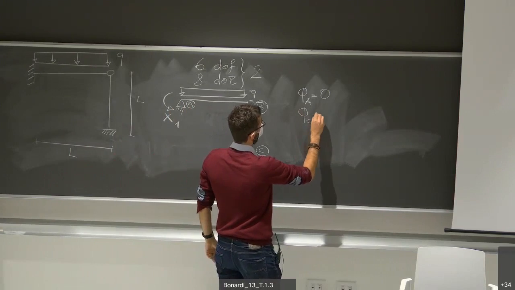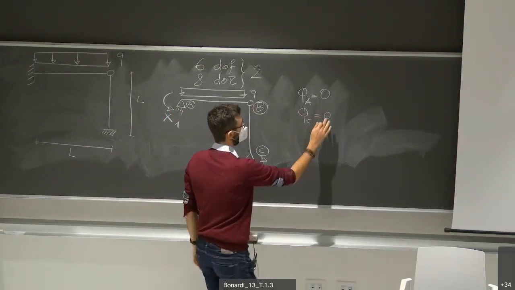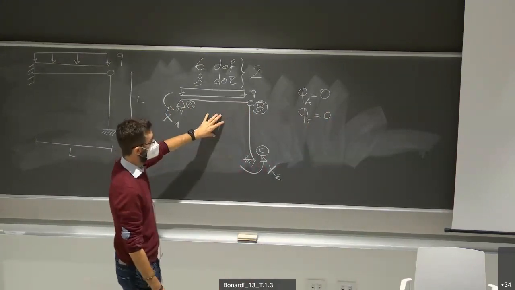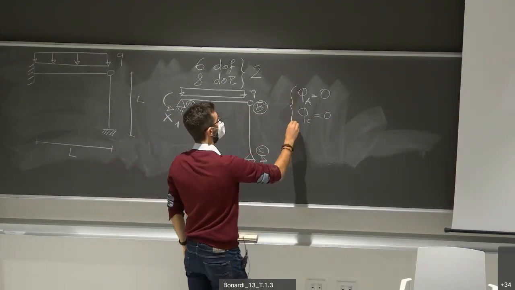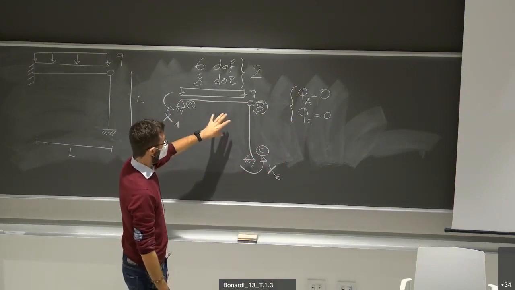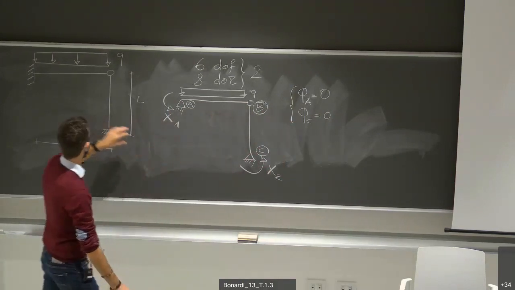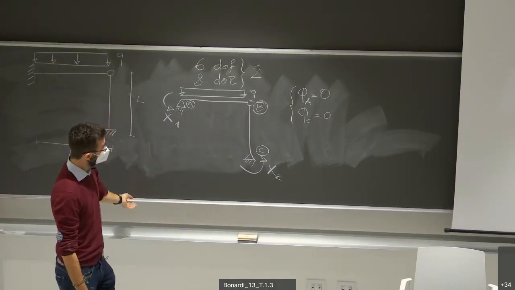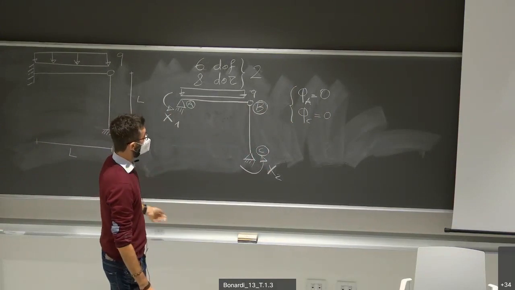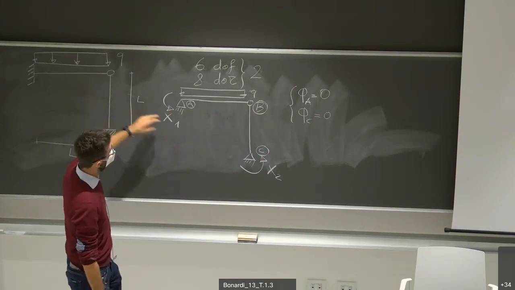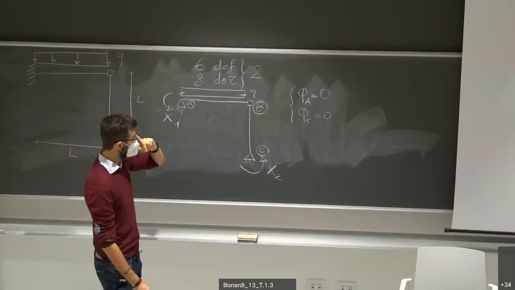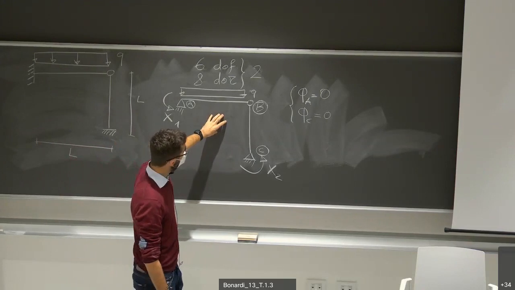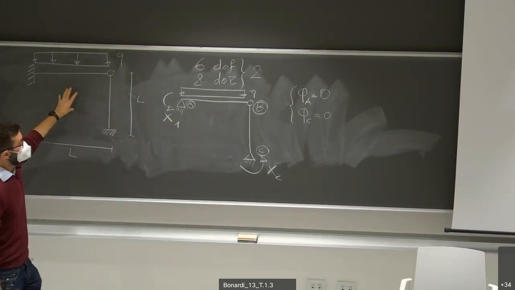And the second one is the rotation in C is equal to 0. So this structure plus these two equations make this structure the same as this one. So we can solve this one. The main difference is that we can solve this one using only equilibrium equations because it is statically determined, and we cannot do that with the original structure.